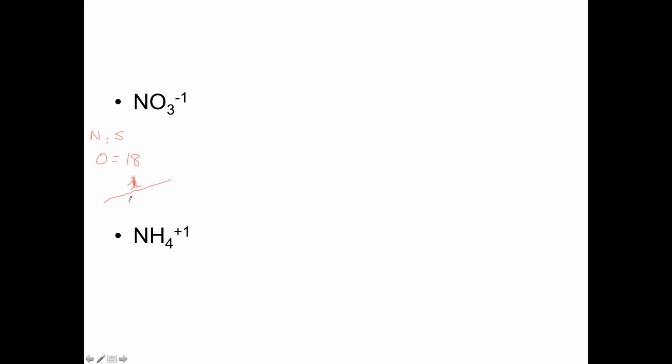That gives me a grand total of 24 valence electrons to use when I'm drawing this. I'm going to put N in the center. Put the 3 O's around it. Make my connections. Now, I have 24 valence electrons to use. Here's 2. Here's 4.